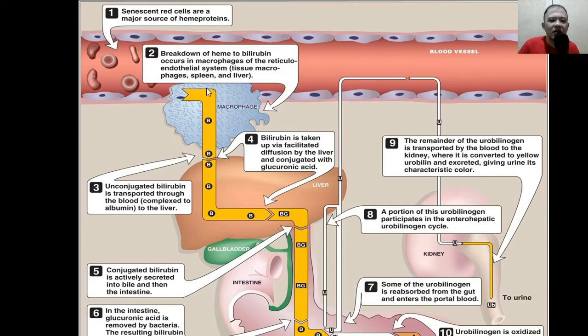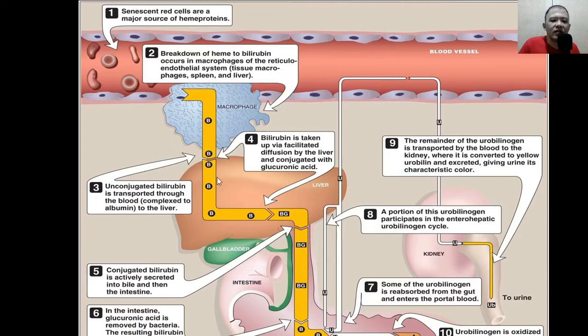So let's concentrate on the bilirubin. It gets transported to the liver, being complexed to albumin. So the first form of bilirubin before entering the liver is the unconjugated bilirubin. That's why when there is hemolysis, bilirubin leaking out is unconjugated or indirect bilirubin.